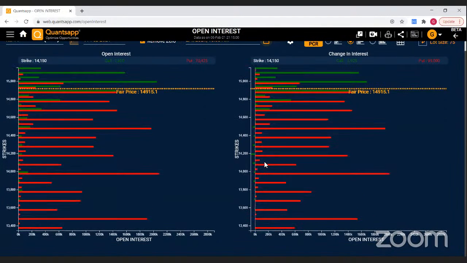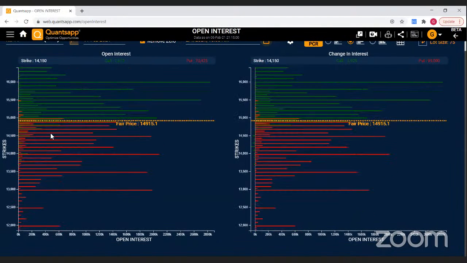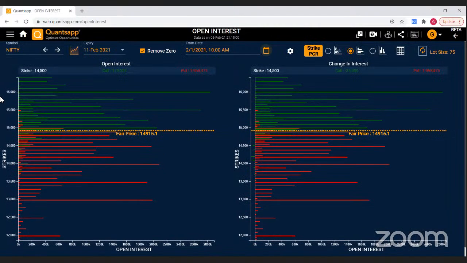There was a lot of shift happening on the open interest side. First, a lot of unwinding happened in the call and put, and then there was a build up that went on for the whole week. The whole big week was very busy. The option traders were changing their positions drastically.